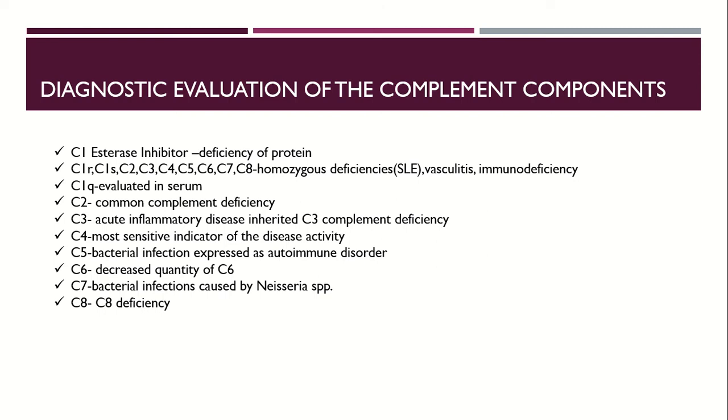C1r, C1s, C2, C3, C4, C5, C6, C7, C8. Homozygous deficiencies predispose a patient to autoimmune disease, especially SLE, and to arthritis, chronic glomerulonephritis, infections as well as vasculitis.